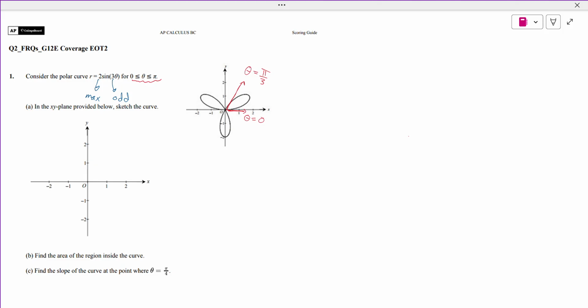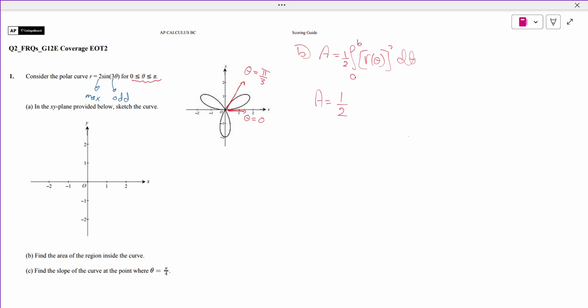So the integral now is given by, this is part B, the area is given by 1 over 2, which is something students always forget, 1 over 2 times the integral from a to b of r of theta squared d theta.